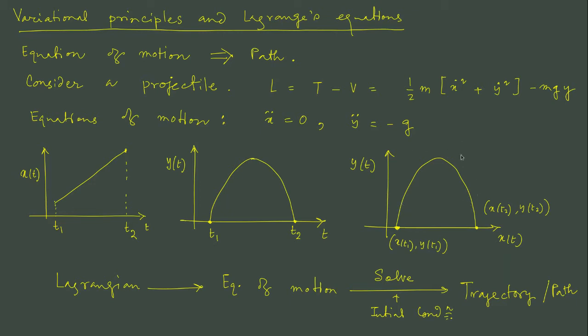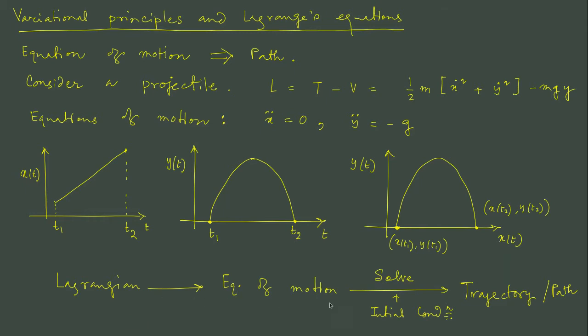Now, this last curve is what we call the trajectory, the locus. This is what we see physically. So, if we throw a particle along the slope with that initial velocity, the particle follows a parabolic path.